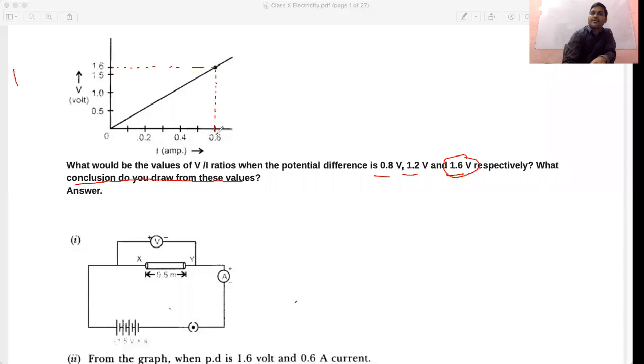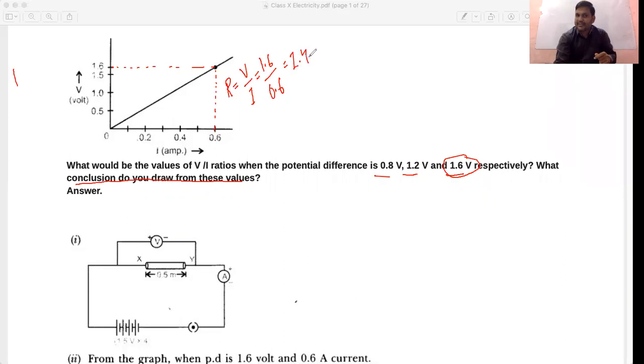This will be 0.6. So you can write it like this: R is equal to V by I. This will be the ratio. So this ratio is going to be how much? This V is your 1.6 and I is your 0.6.